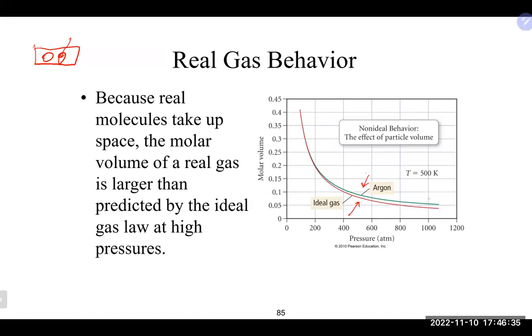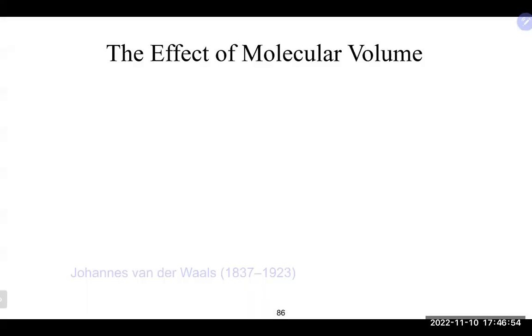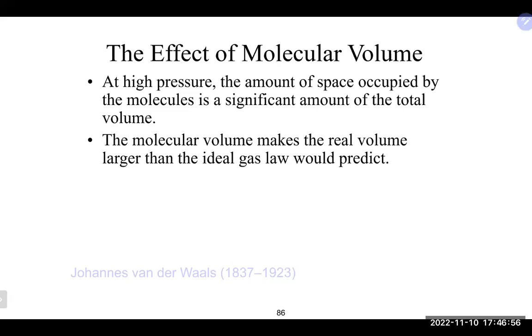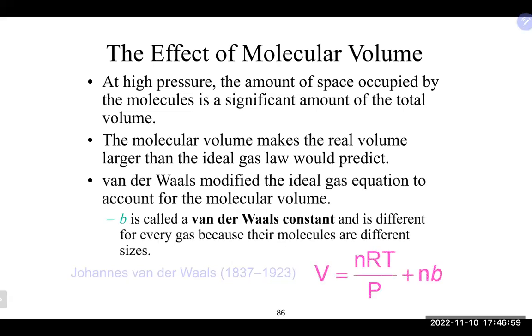And we see that the molar volume is starting to separate as we sort of hit these very high pressures. Before that, in sort of an ideal situation, they're pretty neck and neck, but as we grow in terms of those pressures, we really do have to sort of take those things into account. So the effect of molar volume, the higher the pressure, the amount of space occupied by the molecules, again, is going to be significant.